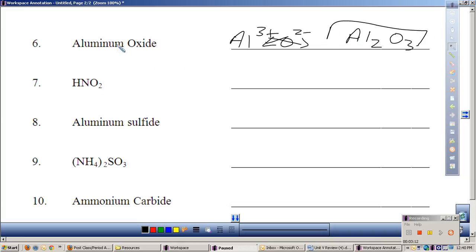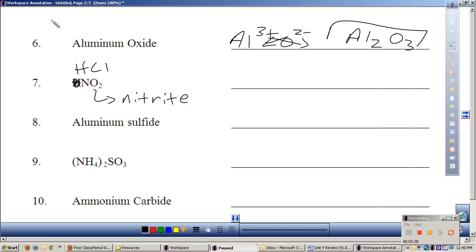Alright, HNO2. So basically this is the way it goes. Whenever you see an H in front, that means it's going to be an acid. So whenever it is an acid, we just ignore this H, and we look at this right here. Now, if it's an element like HCl, it doesn't have oxygen, that means you're going to put hydro out front. But because we have oxygen inside of here, this is a polyatomic ion that's called nitrite.